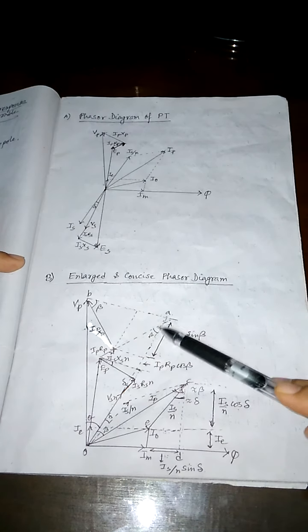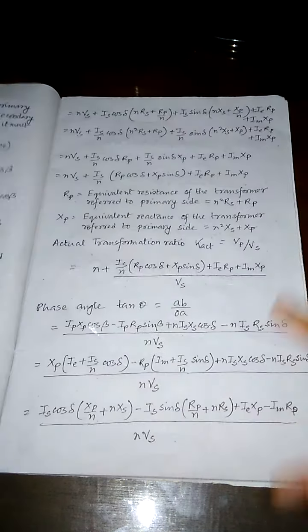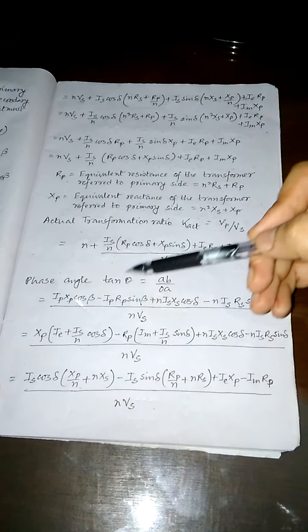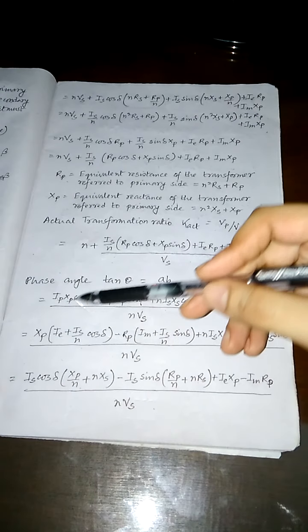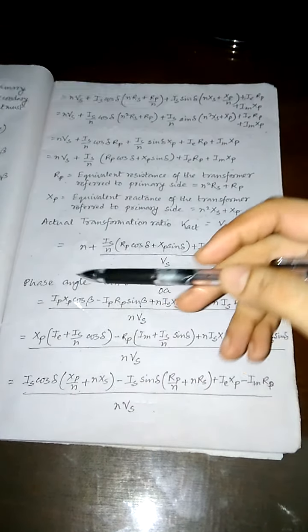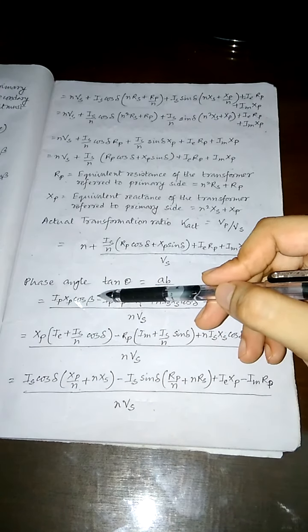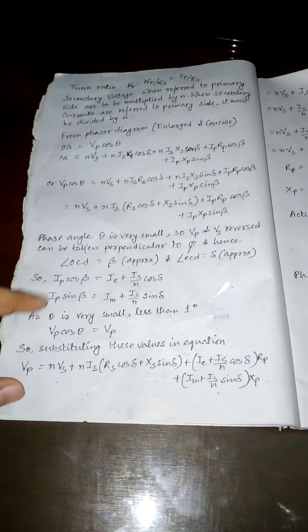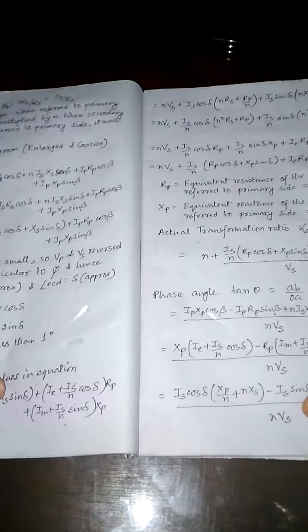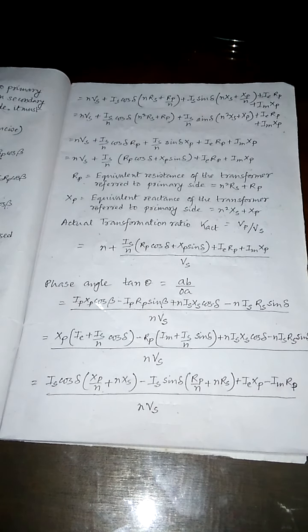Now again we take the common factor, here taking XP common, that is IP cos beta. IP cos beta we already have here, see, the IP cos beta value and IP sin beta value. Putting these here, we can get this. So this is the phase angle.